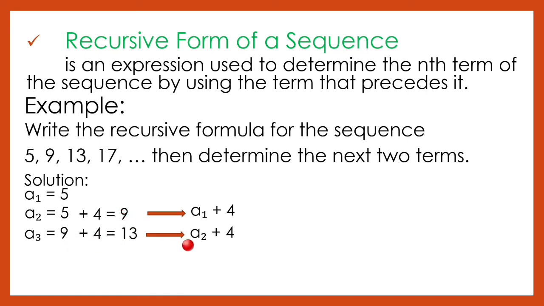So, our general term is a sub 2 plus 4. Then, in order to get 17, we will add 4 to our third term. So, a sub 4 is equal to 13 plus 4, which is equal to 17. In general form, 13 is our a sub 3. So, we have a sub 3 plus 4.